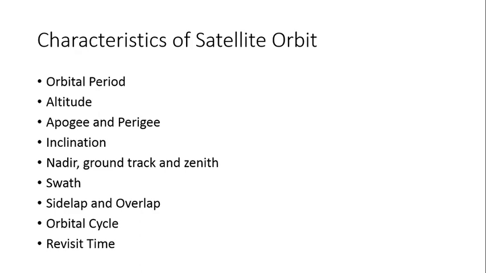For example, the side lap of the IRS LISS-3 sensor at the equator is 23.5 km in the visible band and 30 km in the shortwave infrared band. This is what is observed in the satellite images.